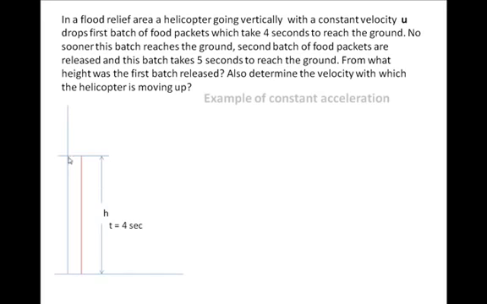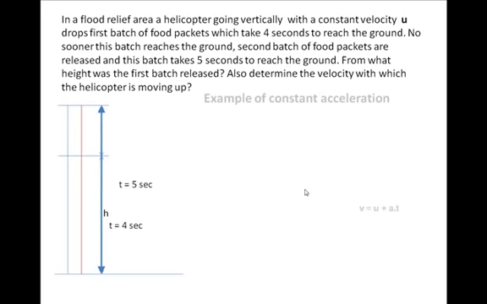So for 4 seconds the helicopter has moved up. Then at the moment it reaches here, again a packet is dropped. And what is told to us is that this packet reaches the ground in 5 seconds. This is the given data. Now how are we going to solve it?